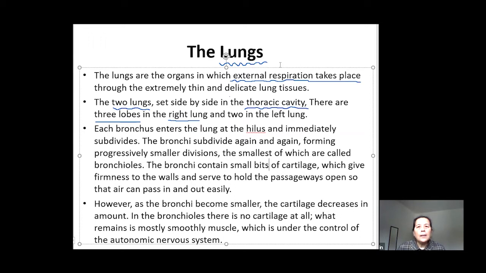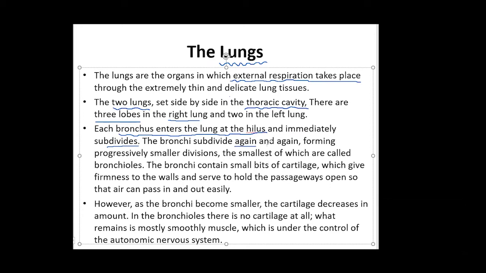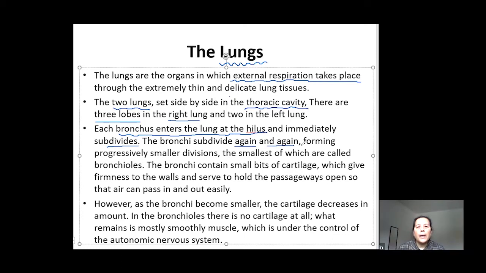And when the bronchi go into the lung, at the hilus part, they immediately branch again, subdivided, and then again, making it smaller and smaller. And then we call it bronchiole.